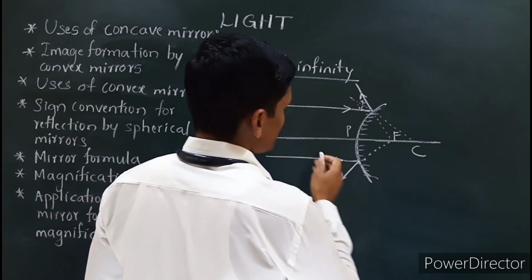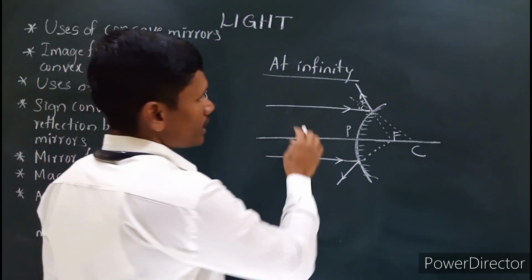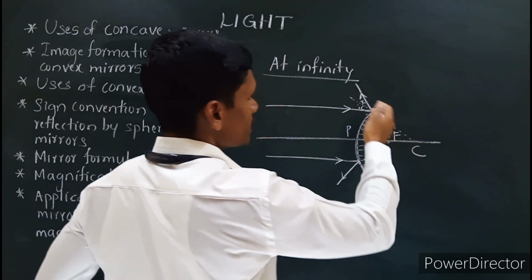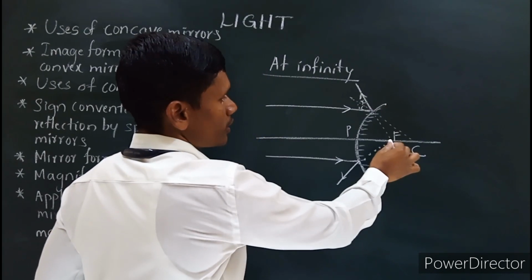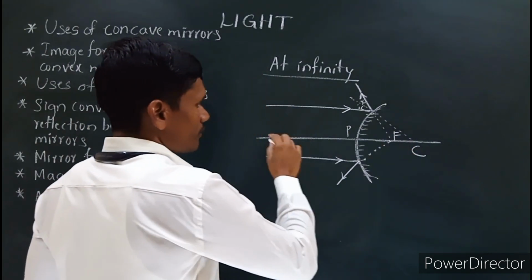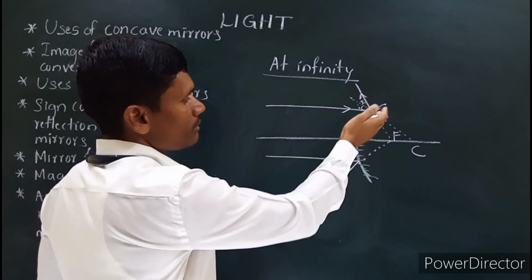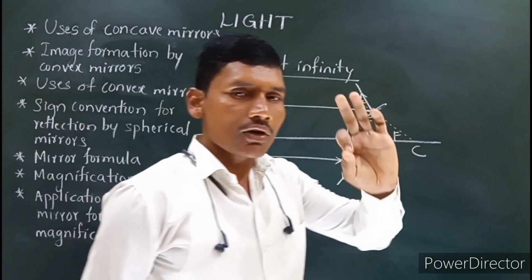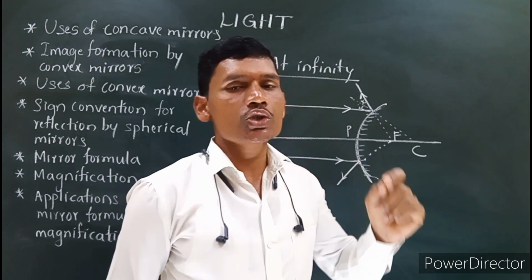Now here, when the object is at infinity, the rays which are parallel to the principal axis, after reflection, appear to be diverging from a point, the principal focus. It means that when the object is at infinity, the image is formed at the principal focus. The nature of that image is virtual and direct.